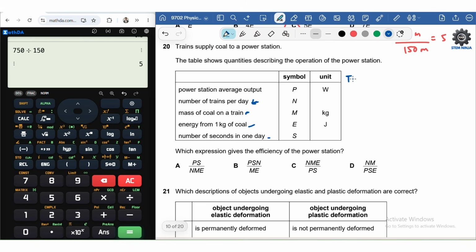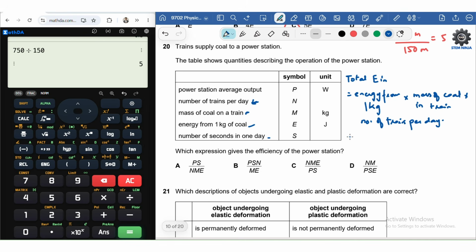Total energy input would be energy from 1 kg of coal times by mass of coal in train and then times by number of trains per day. That would be the total energy input.